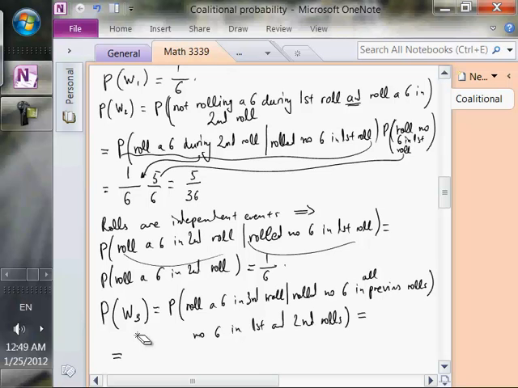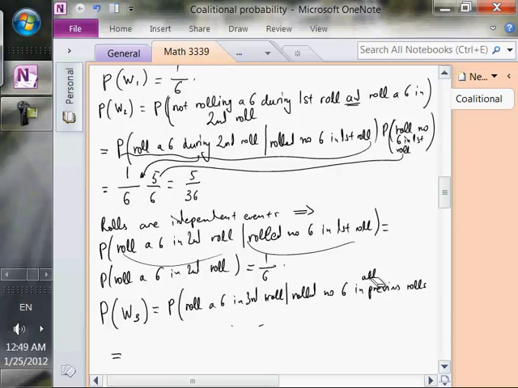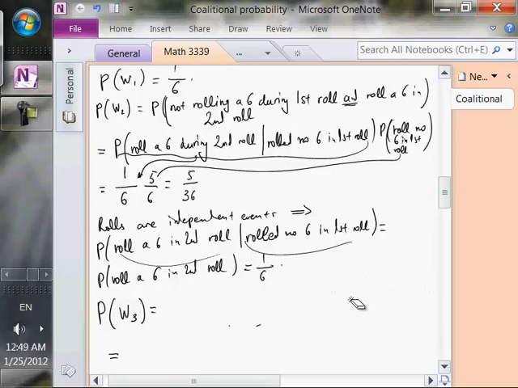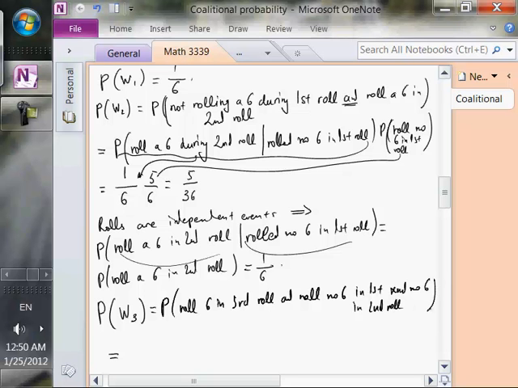Actually, I have an easier way to do this. Essentially it's the same, but it's less writing. So let me do the easier way. This is the event: roll 6 in the third roll and roll no 6 in the first and no 6 in the second roll. And as we mentioned, what happens in each roll is independent of what happens in any other roll.